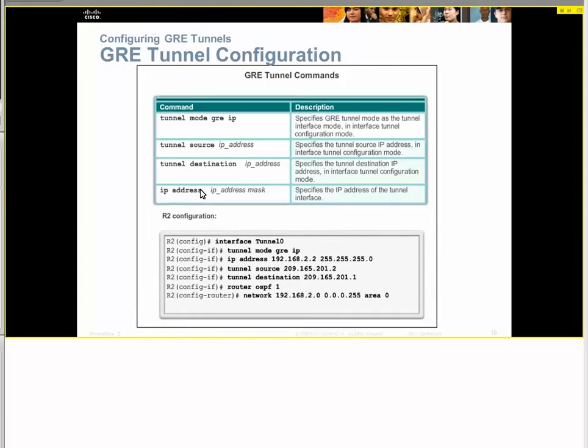The tunnel source is the router 2 public IP or the router 2 interface name. The destination is the public IP of router 1. And once again, we set up a routing network within the tunnel, just so that it's in the routing table. And that's really all you have to do. That's all there is.